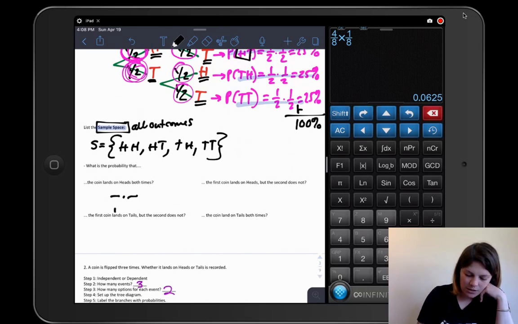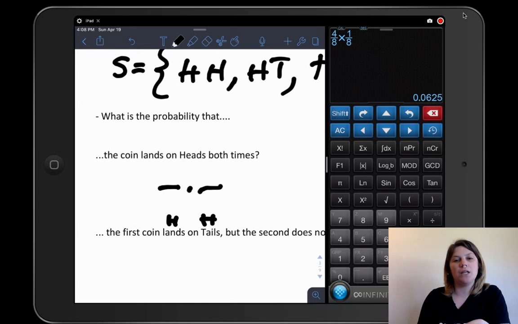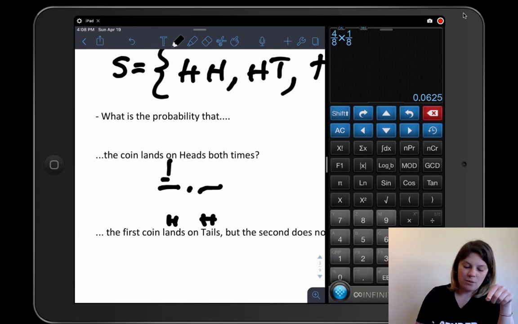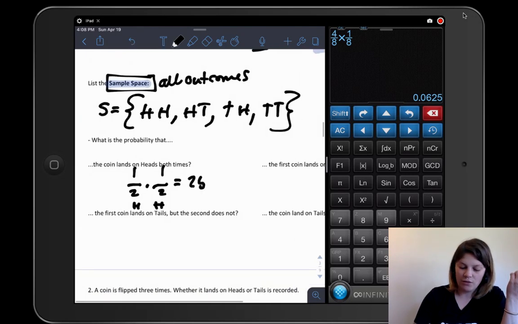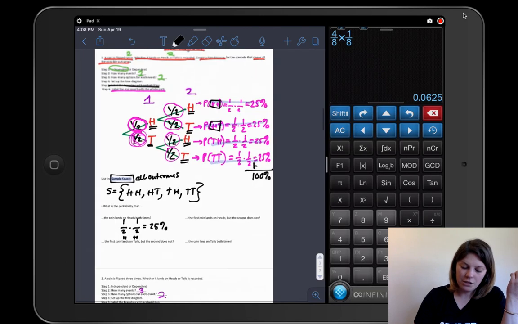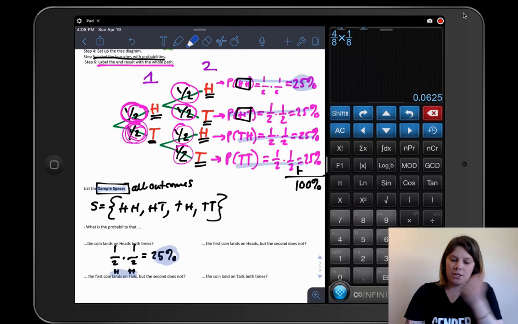So underneath, I'll do a little label and I'll say, okay, I know that means it needs to be H the first time and H the second time. And I know the probability of H is 1/2 and then 1/2, which is 25%. Looking up here, we can see that this probability is that same probability here. We can see that it is probability of HH.